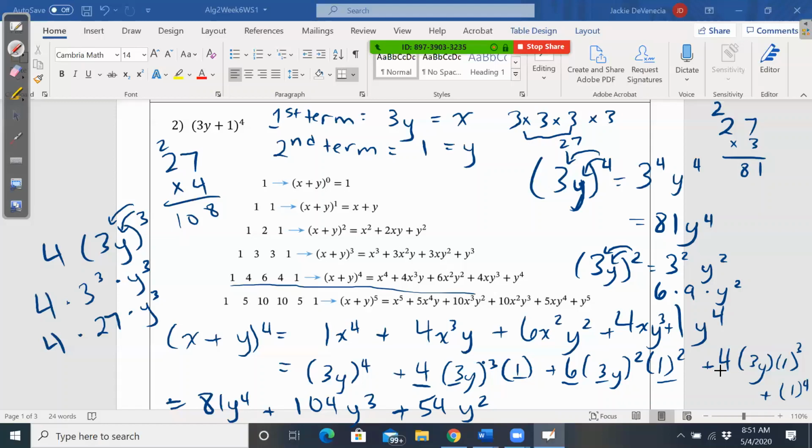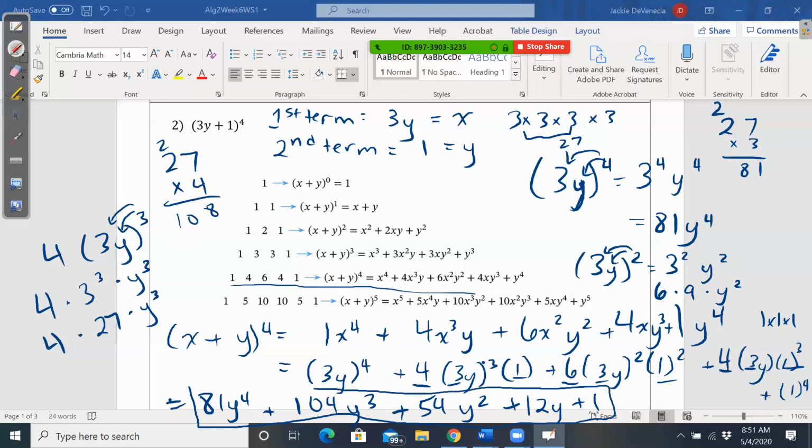And then over here, the same idea, 4 times 3 times 1 to the 3rd. 1 to the 3rd is the same as 1 times 1 times 1, which is all equal to 1. So 4 times 3, that's 12y. And then 1 to the 4th power is just 1.